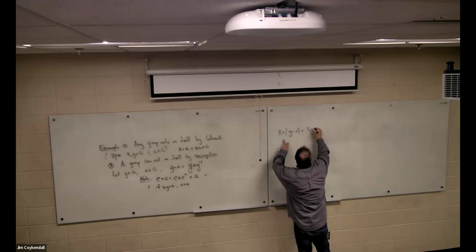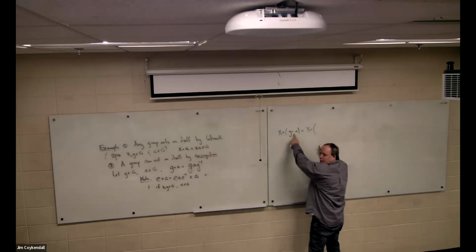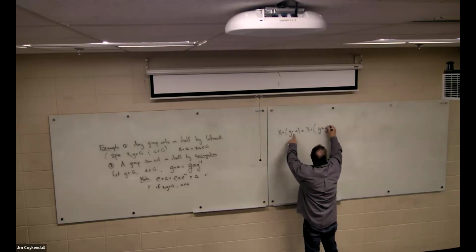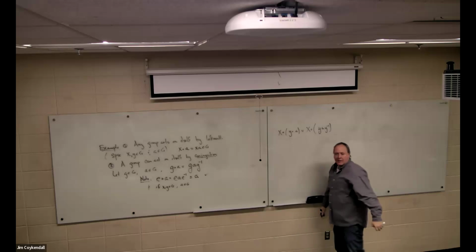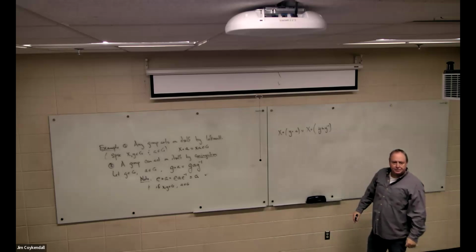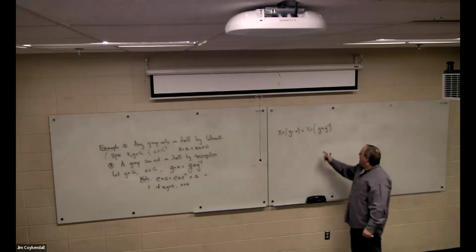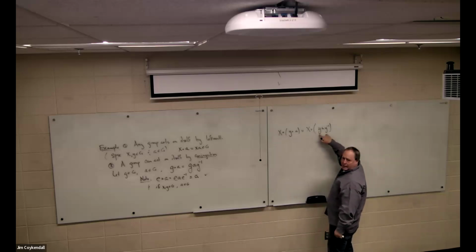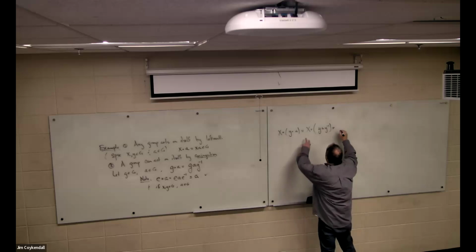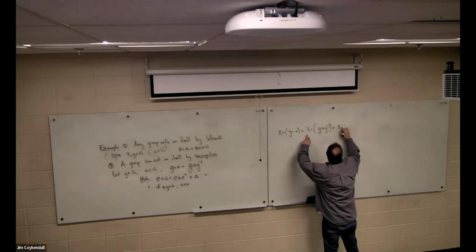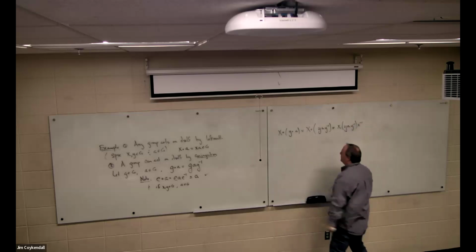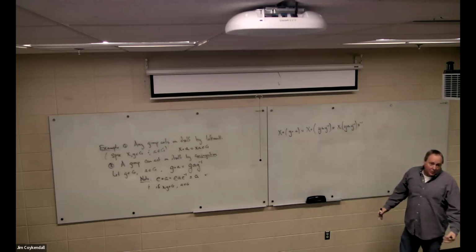This is x acting on, my rule here is this is y a y inverse. Everybody agree with that? Now, my rule here is this should conjugate this whole mess, right? So my rule here now becomes x times y a y inverse x inverse. Okay so far?